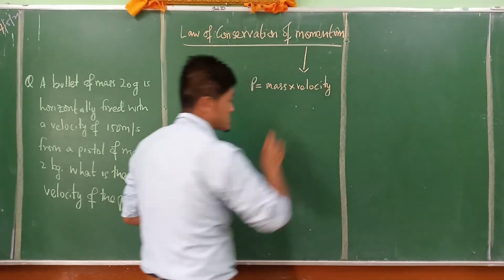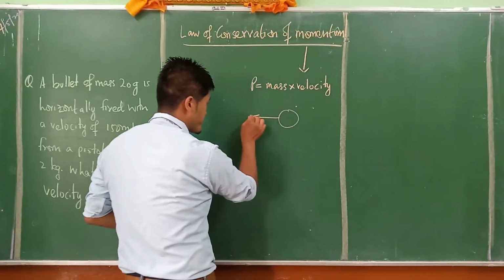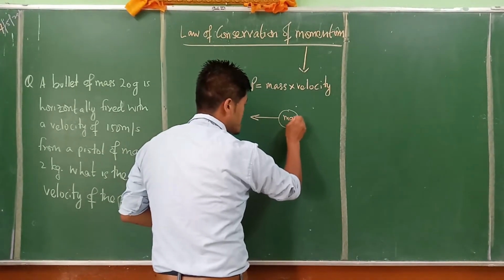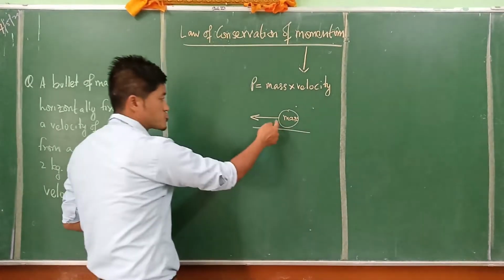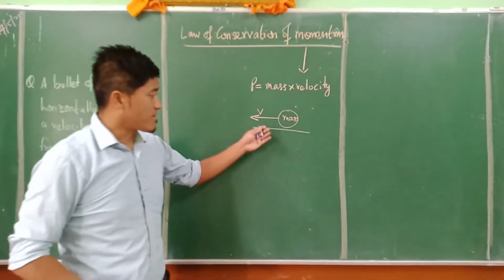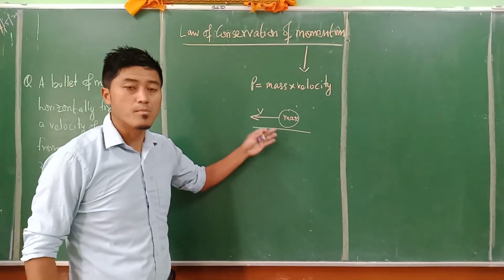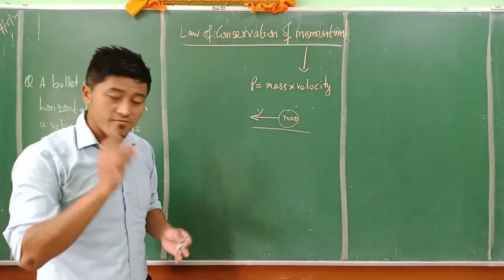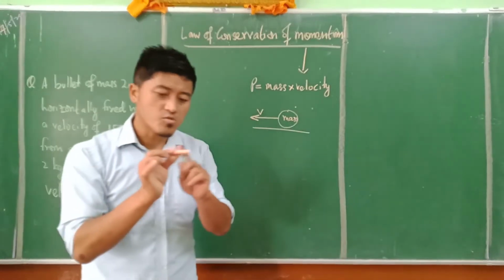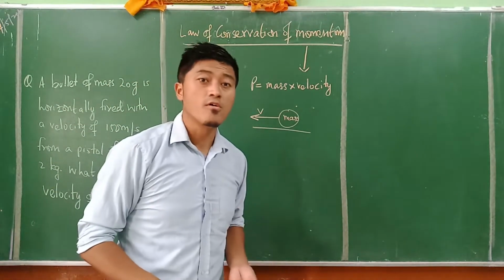For example, I have a ball which has a certain mass and is rolling down with some velocity. Or if I am throwing a chalk, it has a mass and moves with some velocity, so it has some momentum.